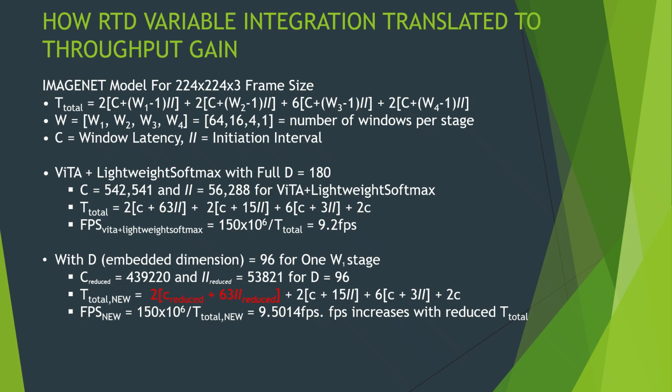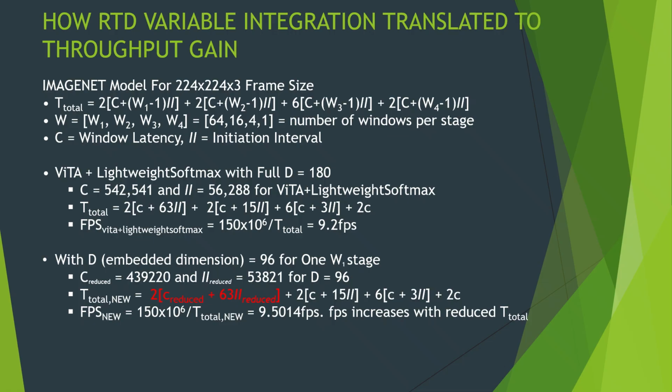So it translates to an increase in frames per second because T total has been reduced, because the II and the window latencies have been reduced. And if the pipeline design was for a fixed embedded dimension, not adaptive to different embedded dimension values, we wouldn't see this.